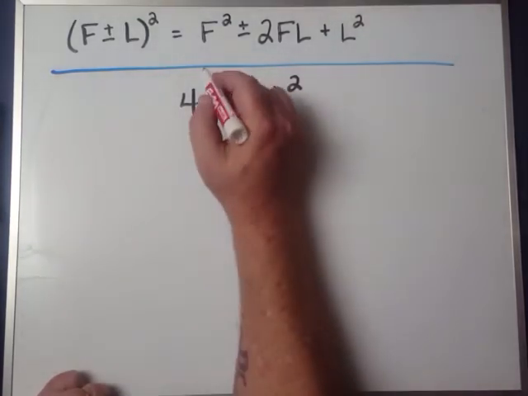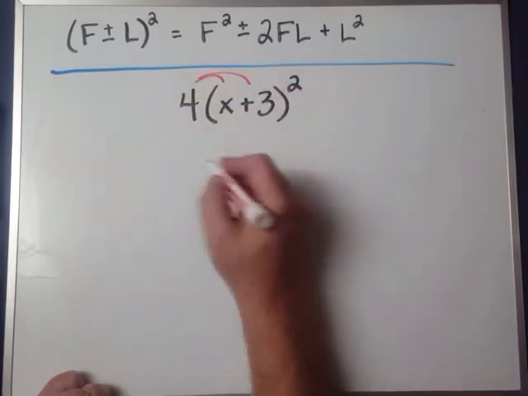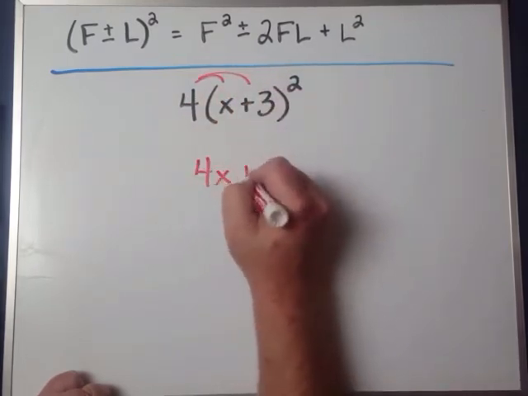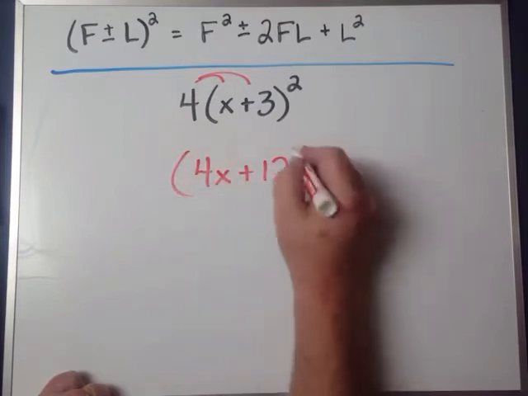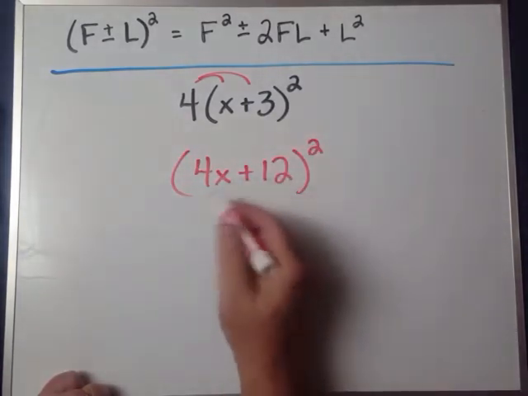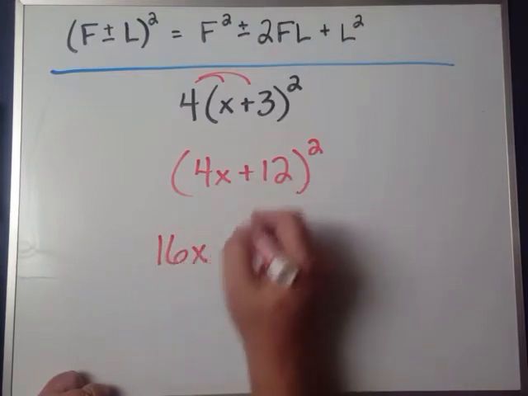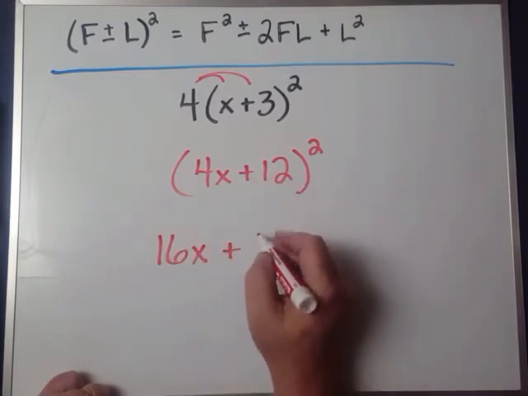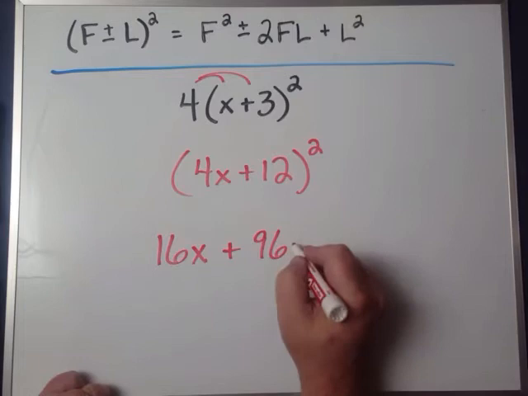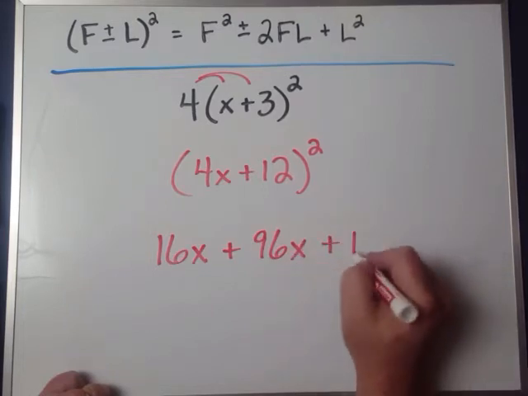How about I start this problem by distributing the 4 and then squaring what I have here. The first squared, in this case plus, double the first times the last, and always plus the last squared.